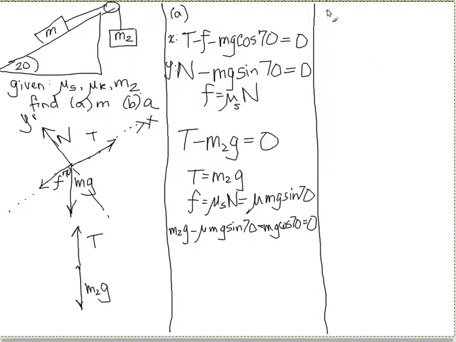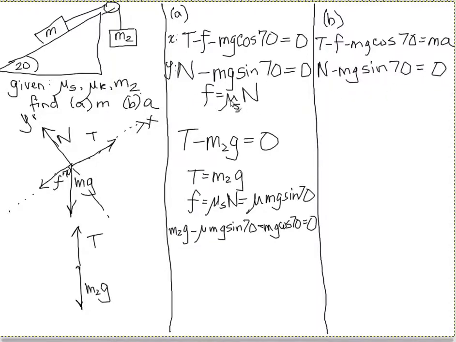Now, in part B, I'm going to do the same free body diagrams as before, but now it's going to be sliding friction, and now they're going to accelerate. So that's going to change this equation slightly. It's going to be T minus f minus mg cosine 70 equals ma. And this one stays exactly the same, N minus mg sine 70 equals 0.